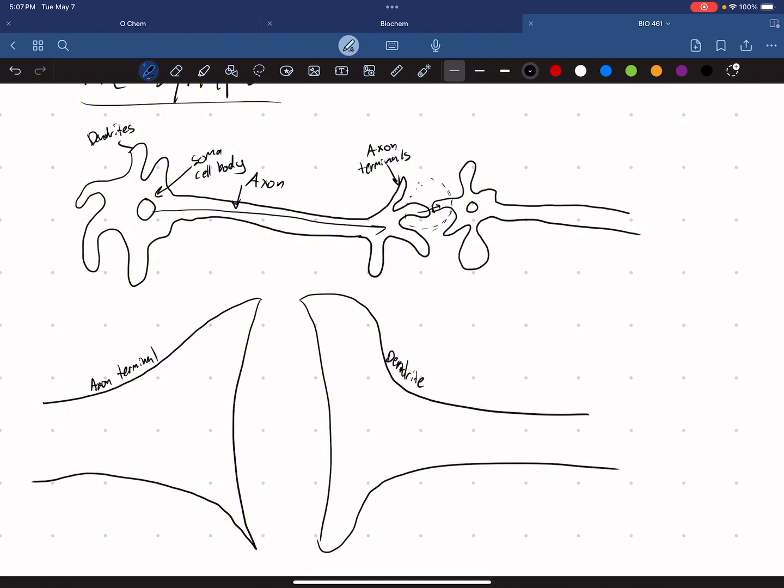The way that this happens is that there are different neurotransmitters that get sent down the cell this direction. These neurotransmitters will get picked up in these transporters and will then be pushed out of the cell into this area here, in between the two neurons.